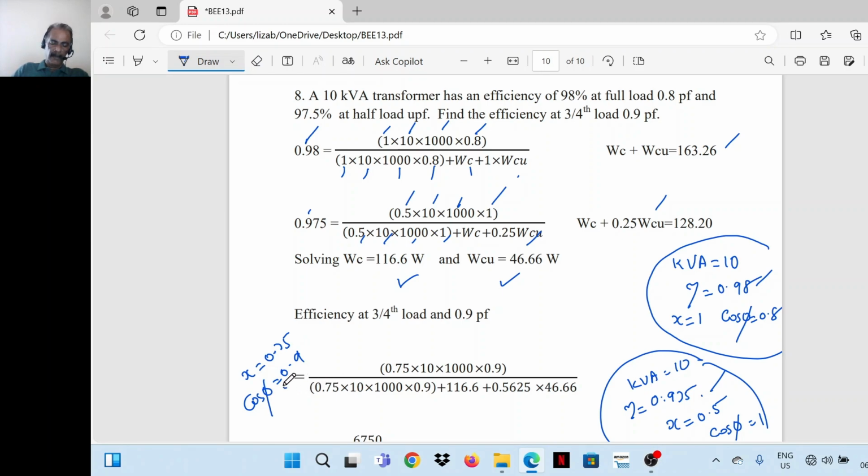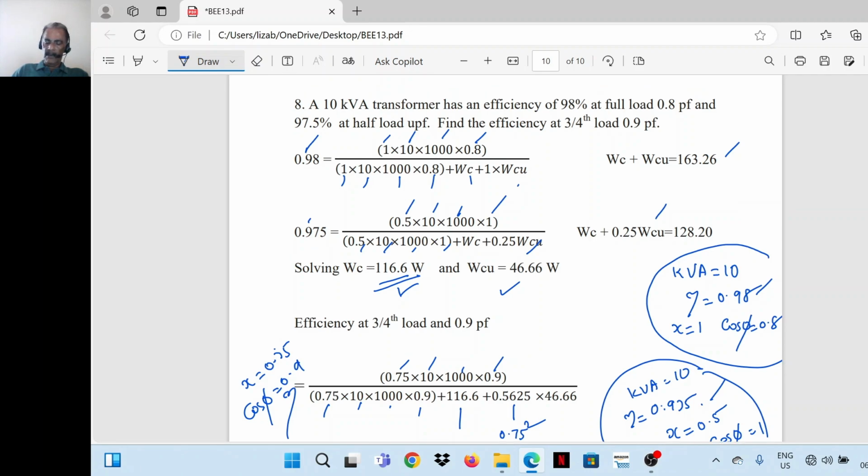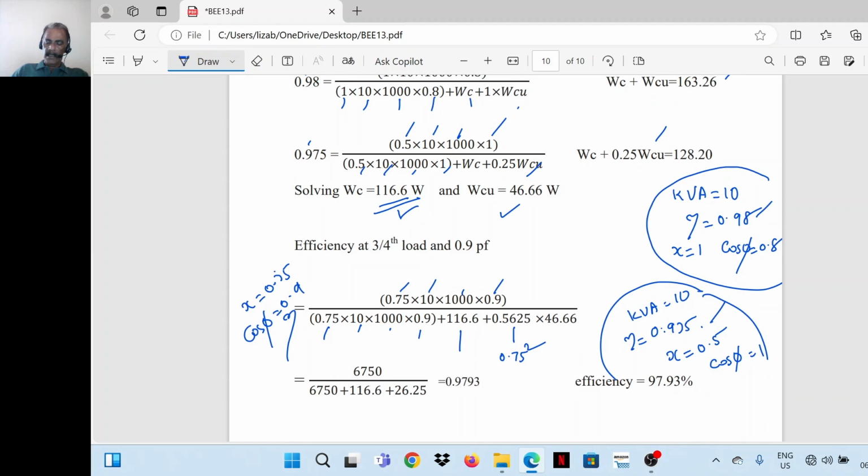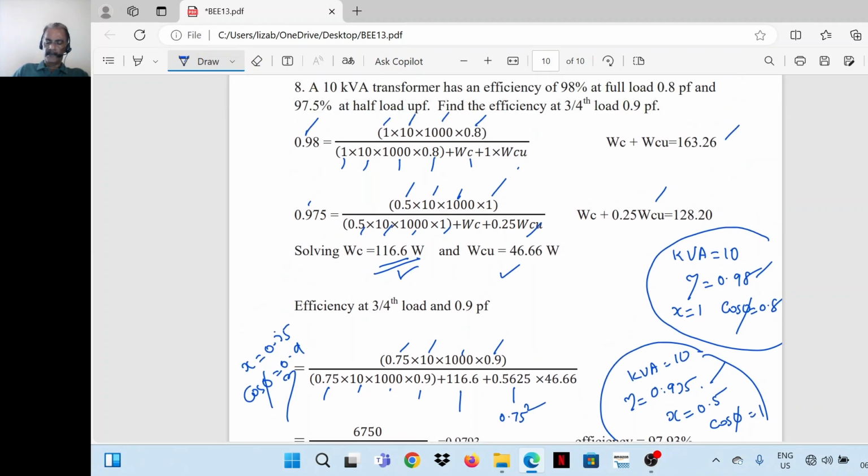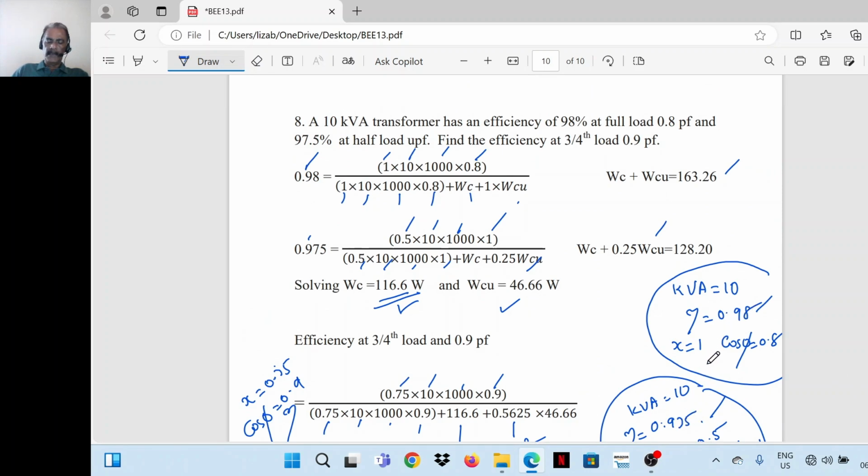So efficiency is equal to x, that is 0.75, kVA 10 into 1000 cos phi 0.9 divided by x kVA 1000 cos phi plus WC, which is 116.6, plus x square, 0.75 square is 0.5625, into full load copper loss 46.66. So efficiency at the 3/4 load 0.9 power factor is 97.93%.